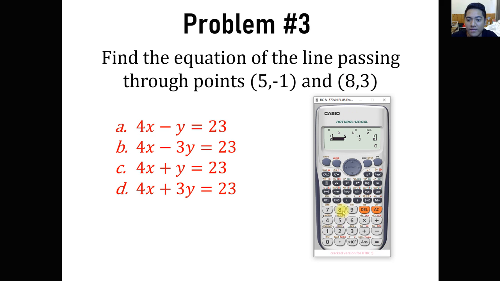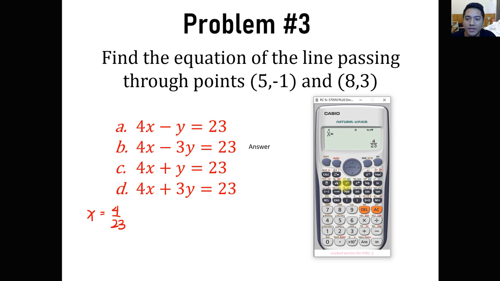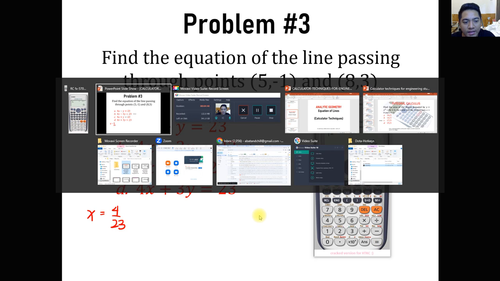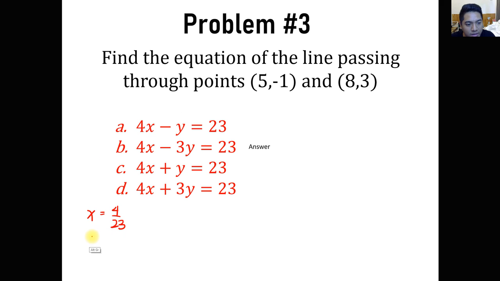And again, we have 8 for x, and then 3 for y, and then again 1 for the constant. Then solve. You get a value of x that is 4 all over 23, and your y would be negative 3 all over 23.